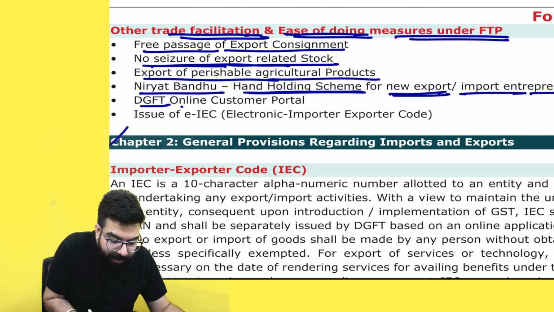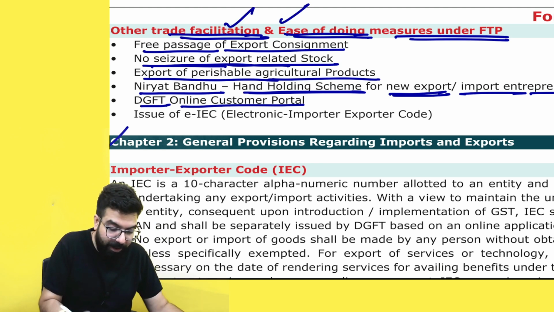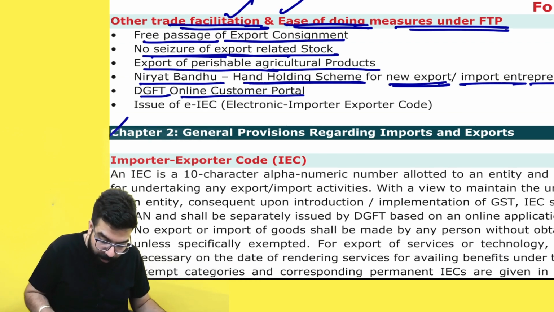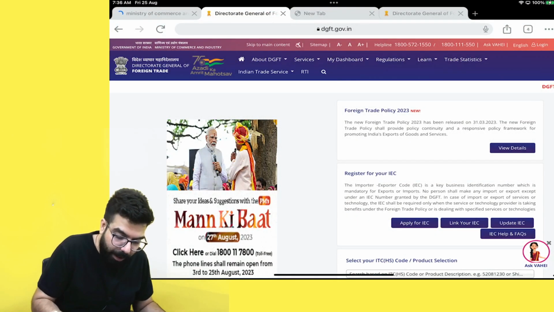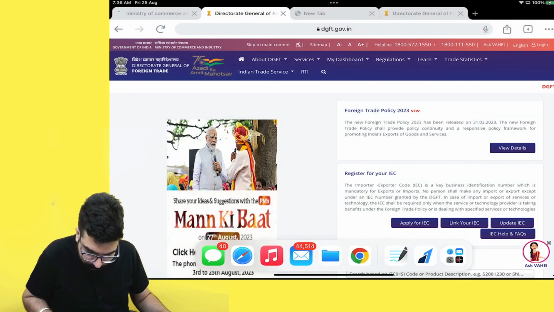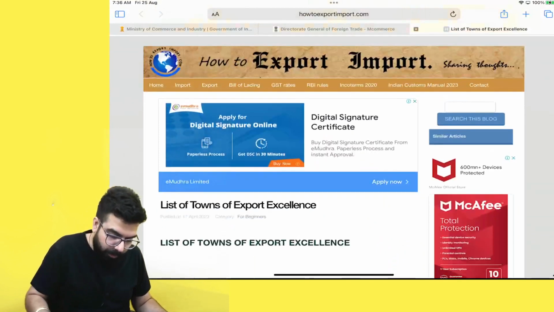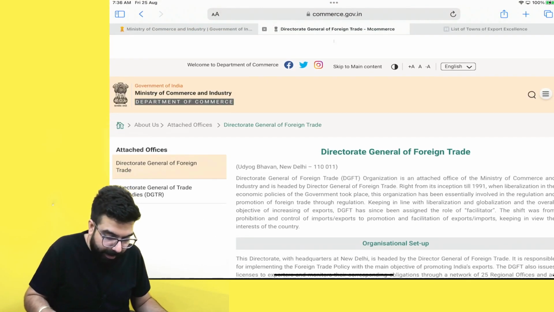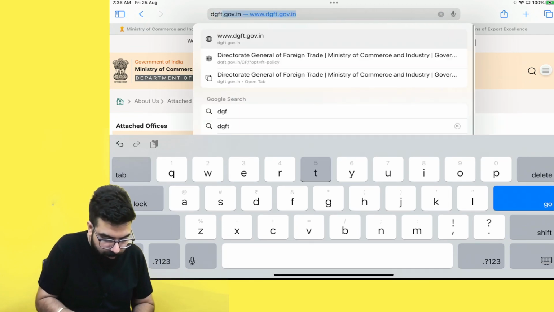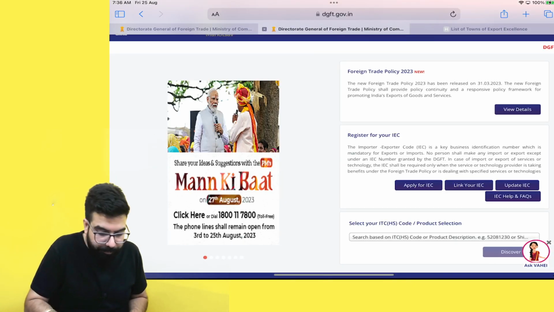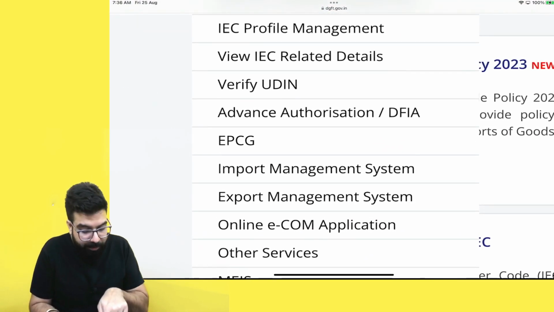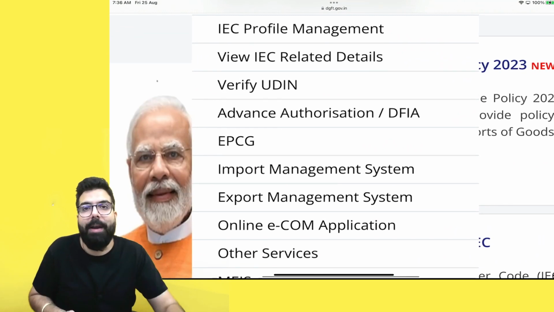Okay? Then the DGFT online portal has come. That is also trade facilitation and ease of doing business only. Now, if you want advance authorization, you can go online over here, on the DGFT portal, and you can apply. See, if you go to the DGFT website, under services, you can apply for advance authorization, DFIA authorization, EPCG authorization, all this you can apply online only.